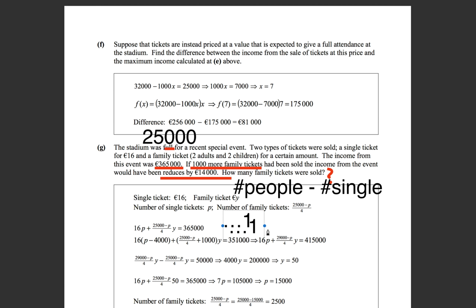Now we use the next bit of information they gave us to put another equation together, equation 2. If 1,000 more family tickets had been sold, so if we add 1,000 to the number of family tickets sold, then the income would have been reduced by 14,000. So 365,000 minus 14,000 gets you this.